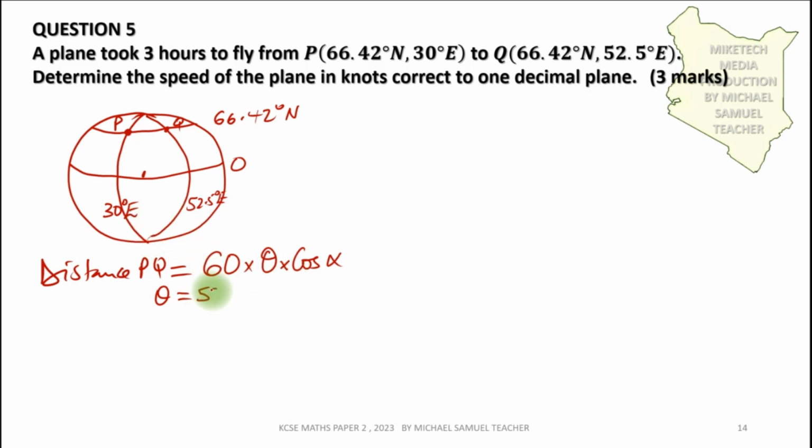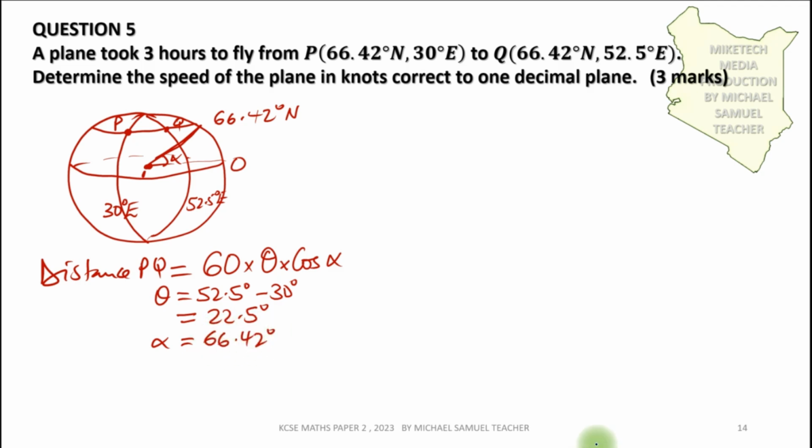So that is 52.5 degrees minus 30 degrees, so theta will be 22.5 degrees. Then alpha is the latitude, from the equator or from the center of the earth, which is 66.42.